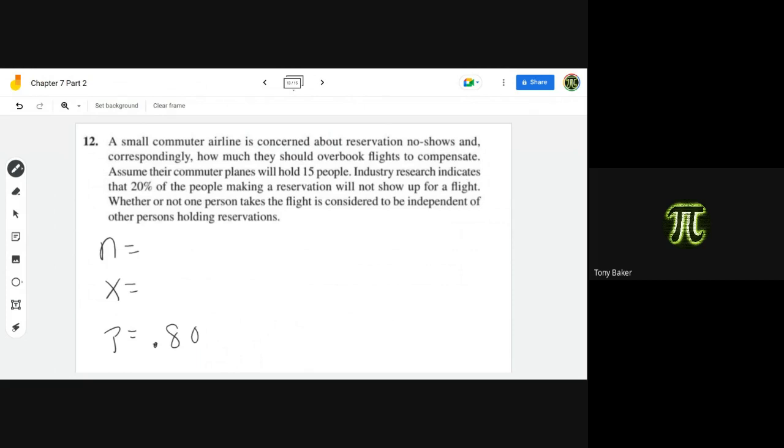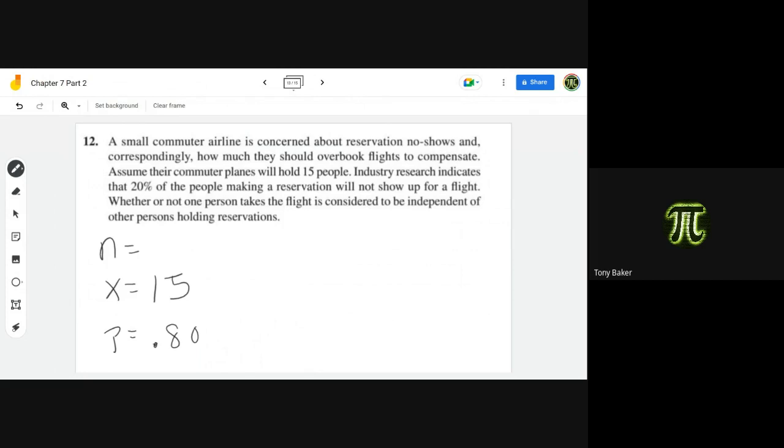In this situation, the number that I want that can fit on the plane is 15. N is going to be the number of reservations I booked. So no, because I always overbook. So X is going to be 15 in this situation. N is going to be my variable. N is going to be the thing that changes.